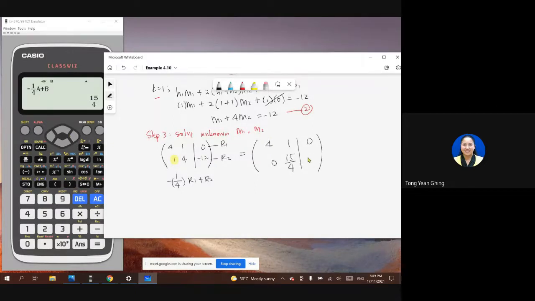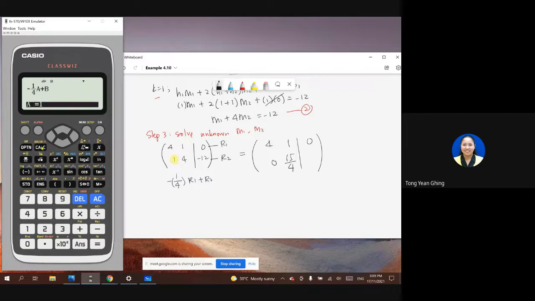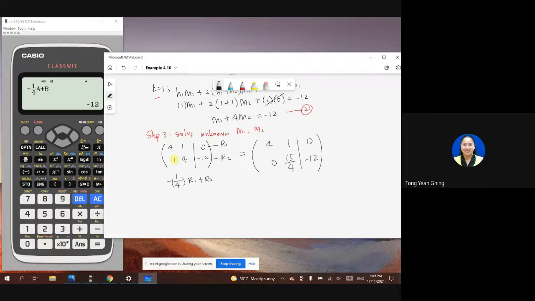Then we want to find the value on the other side. We can calculate again: A is 0 and B is negative 12, so we get negative 12. So we can find the value of M2 from backward substitution. From here, 15/4 M2 is equal to negative 12.